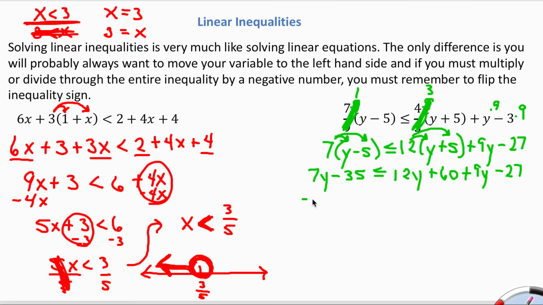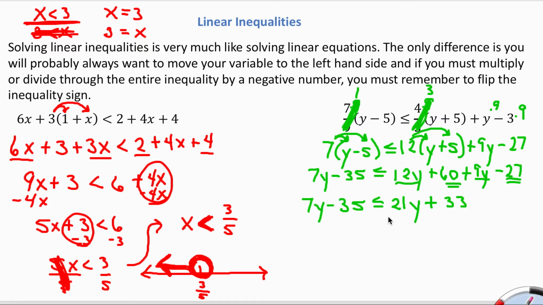Combine like terms, do any math you can on each side, and on this left side there's nothing I can do. But over here I can combine my y's and I can combine my constants. 12y plus 9y, 21y. 60 minus 27 is plus 33.